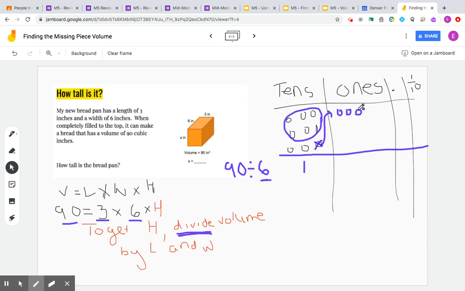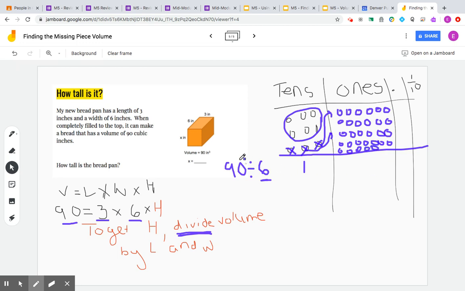Each 10 becomes 10 ones: 1, 2, 3, 4, 5, 6, 7, 8, 9, 10.